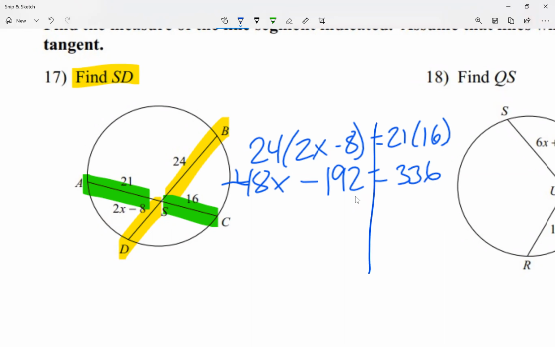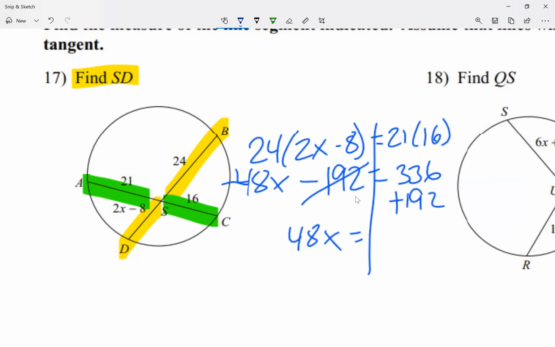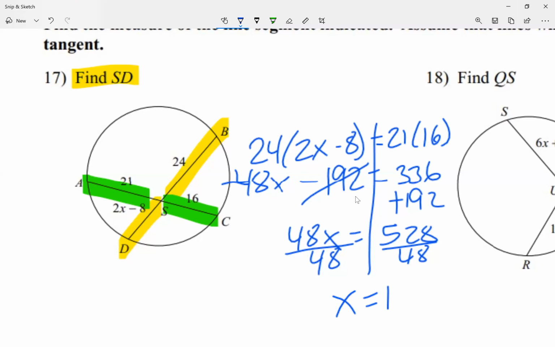All right, let me separate my sides through the equal sign, trying to get the 48x by itself. So this minus 192, let me move it to the other side as a plus 192. So I get that 48x equals 528. Right, 336 plus 192. That's where I got the 528. Okay, now let me divide both of these by 48. So x happens to be 11.